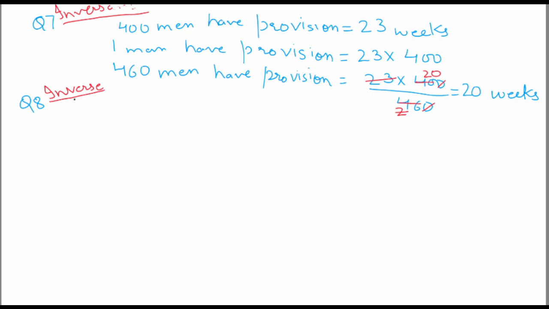Now, what they are saying: 200 men are having the provision. 200 men have provision. Provision means for everything, for eating, sleeping, and doing other works. They are having it for 30 days.